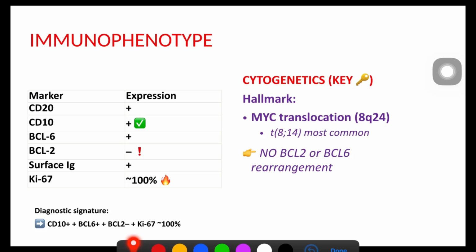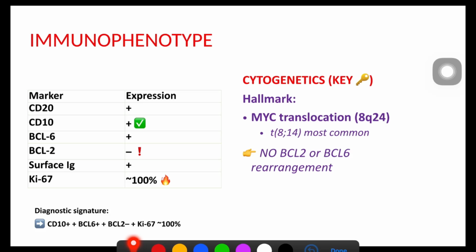So CD20, CD10, BCL6 are positive, Ki67 is increased, and diagnostically when you find CD10 positive, BCL6 positive, BCL2 negative and Ki67 100% high, then it is Burkitt lymphoma. The hallmark is cytogenetically MYC translocation, 8q24, and t(8;14) is most common.